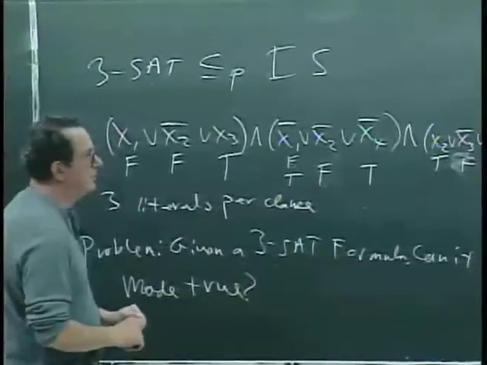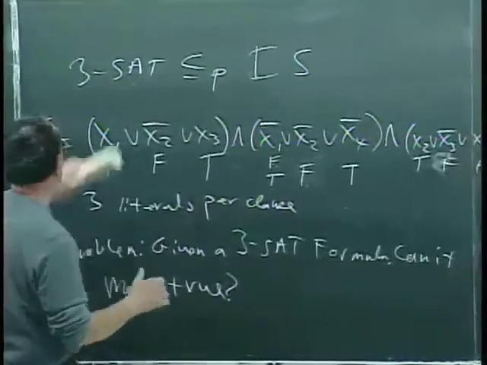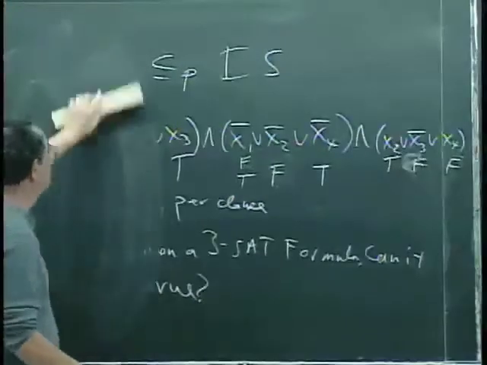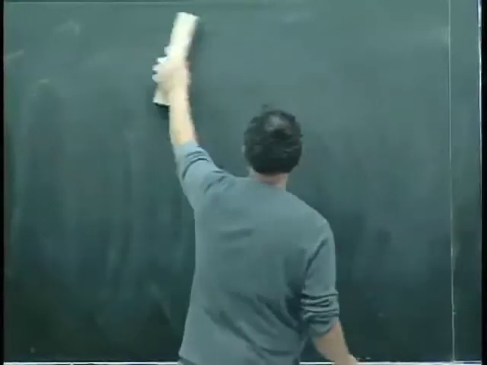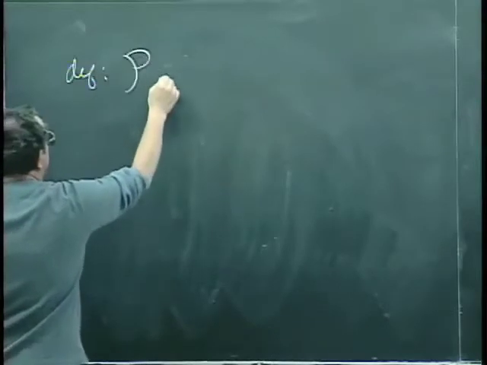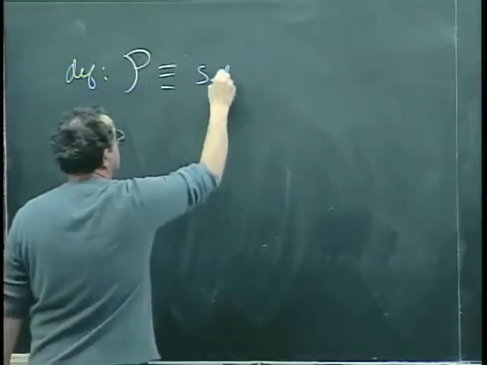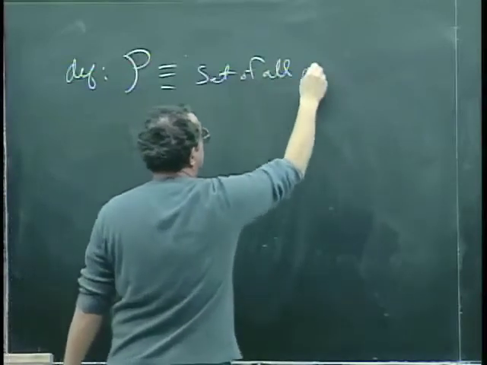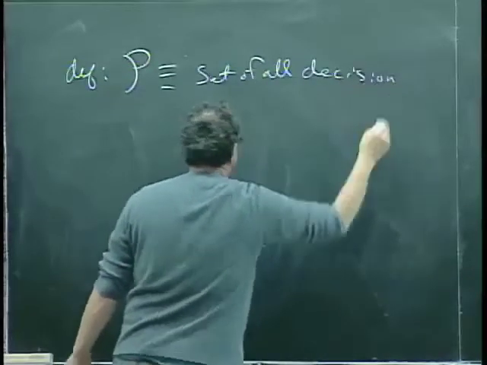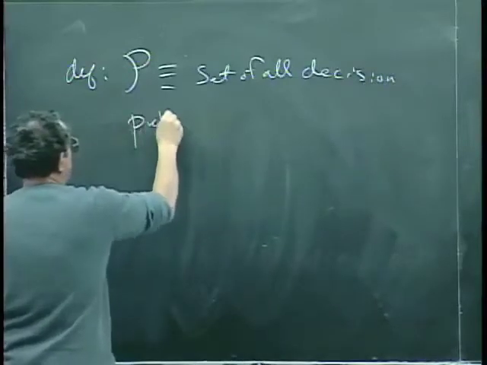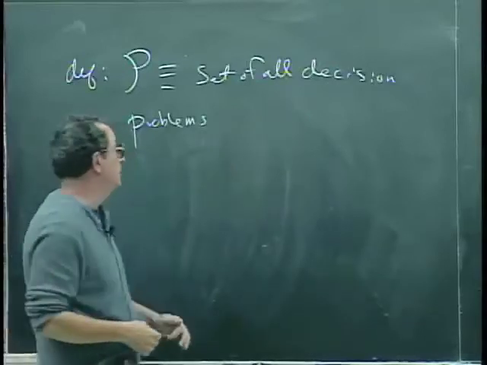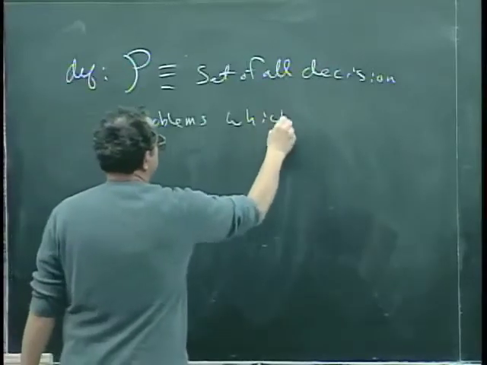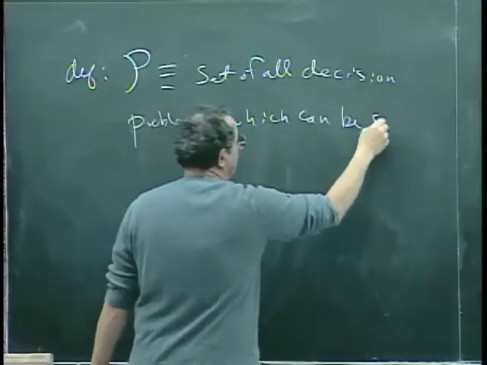Okay, so the next thing, oh yeah, I know what it was, because I said the next thing was NP-completeness, or NP, sorry. But before we actually get to NP, I should tell you what P is. This is the definition. P is equal to the set of all decision problems. A decision problem is one that has a yes or no answer, which can be solved.